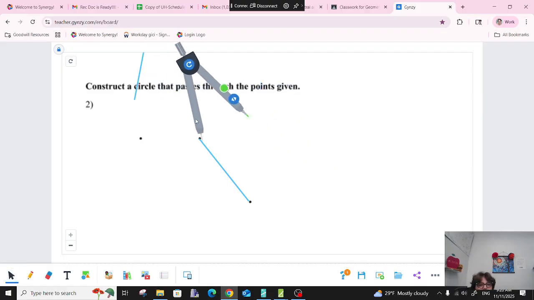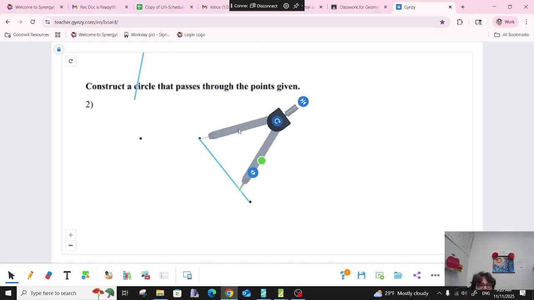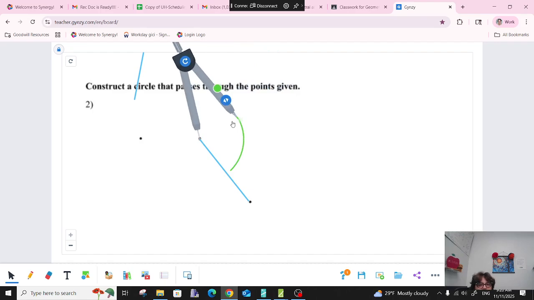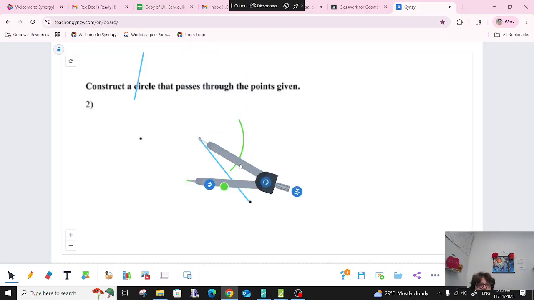Remember, for your perpendicular bisector, you first have to make sure this opening is over half. So do you agree that this is over half the distance? Okay. And you want to draw an arc above the line. You also want to draw an arc below the line.